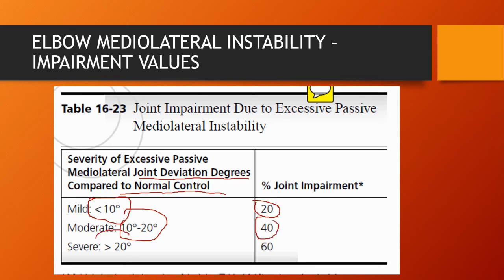And then greater than 20 degrees of angulation is basically a flail elbow. This qualifies for 60% joint impairment. So again, that was 14% upper extremity, 28% upper extremity, and 42% upper extremity impairment for each of these severity grades of mediolateral joint instability.